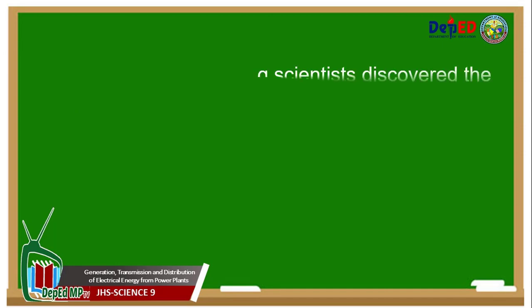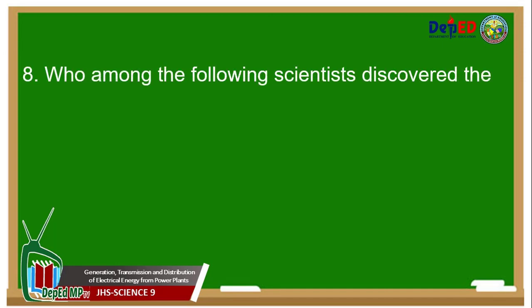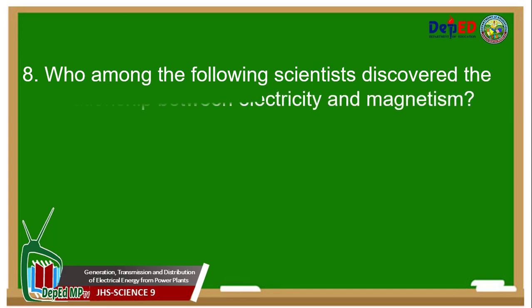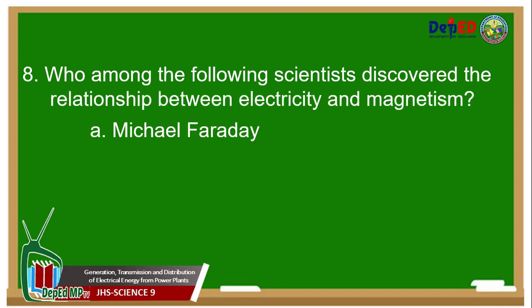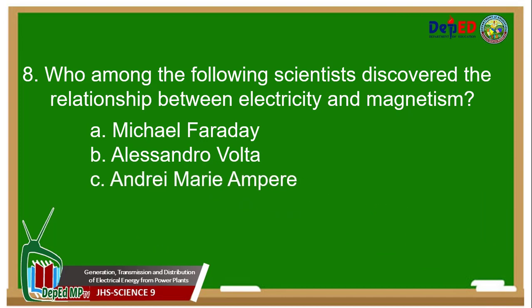Number 8. Who among the following scientists discovered the relationship between electricity and magnetism? A. Michael Faraday. B. Alessandro Volta. C. Andre Marie Ampere. D. Hans Christian Ørsted.